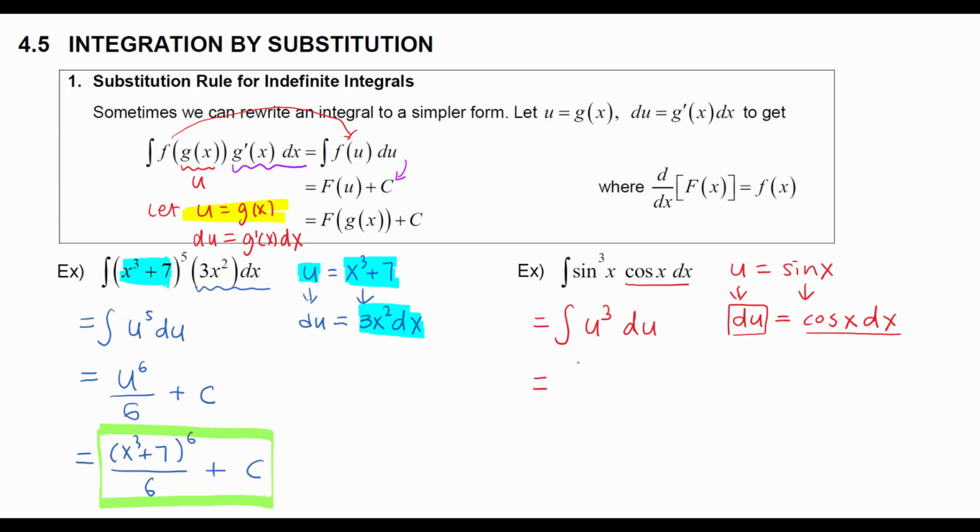So now you take the integral of that, which is u to the 4th power divided by 4 plus c. And now my answer better be in x. So we do back substitution at the end, what the u was. U at the beginning was sine x. So the final answer is sine to the 4th of x over 4 plus c. So you found your answer.